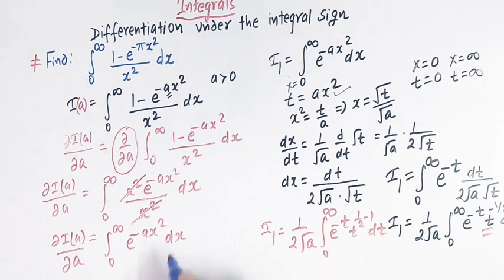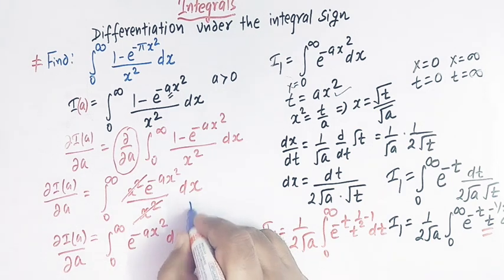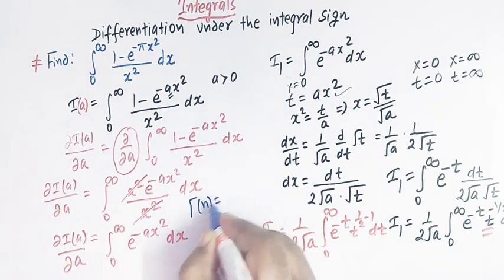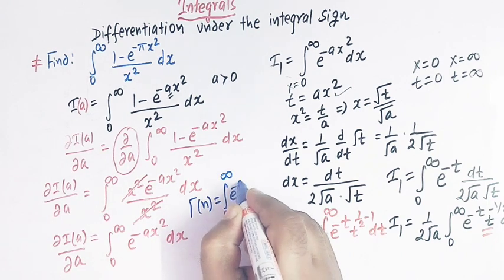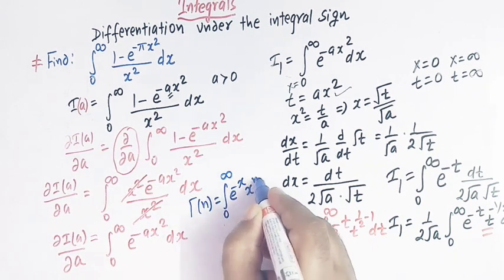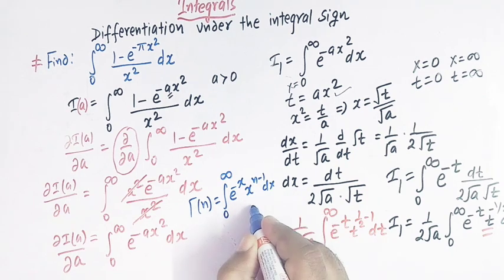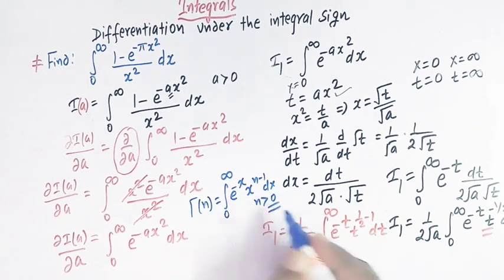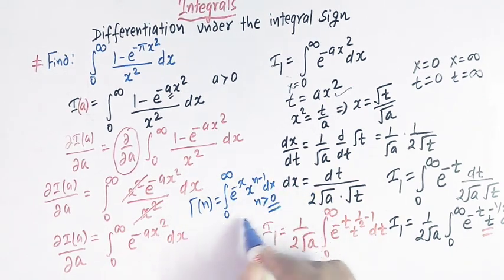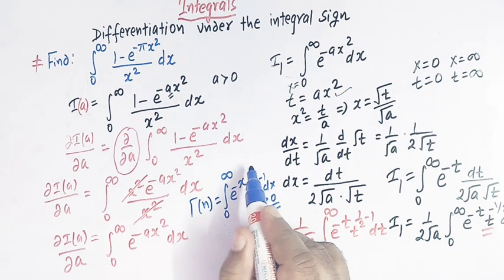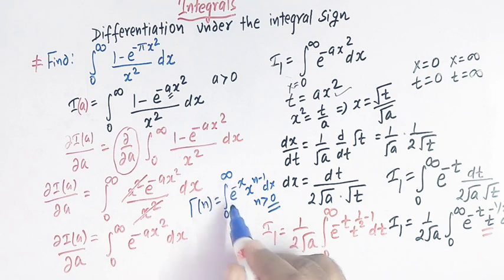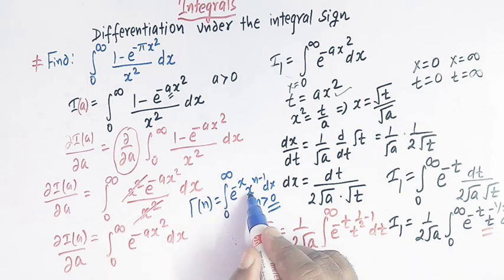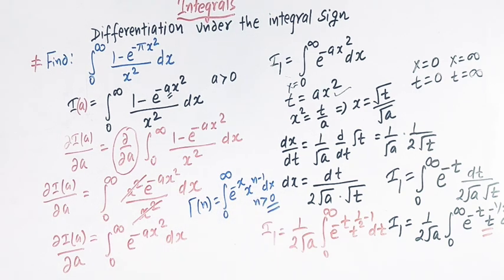So now we know that the gamma function is defined as gamma of n is 0 to infinity e raised to minus x, x raised to n minus 1 dx for n greater than 0. So this is the famous Euler integral which defines the gamma function.